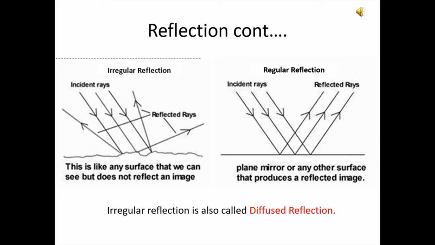Whereas when light rays fall on a smooth polished surface, the rays of light get reflected in a particular manner. The reflected rays are parallel to each other. So an image is formed when light falls on a smooth surface, as in the case of a mirror.